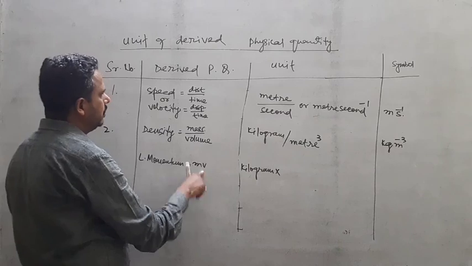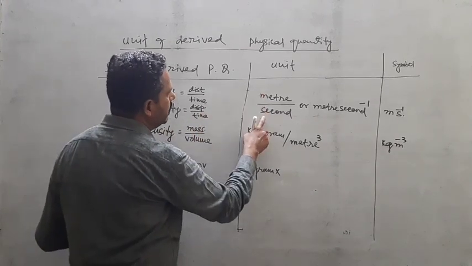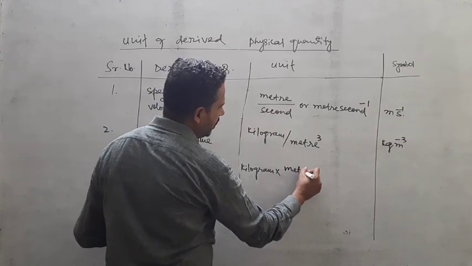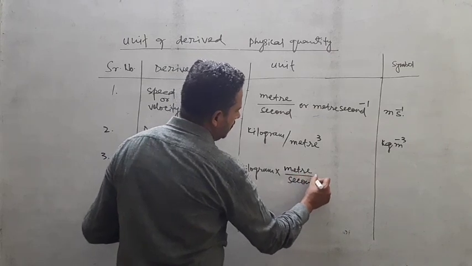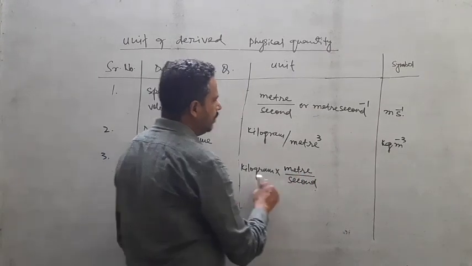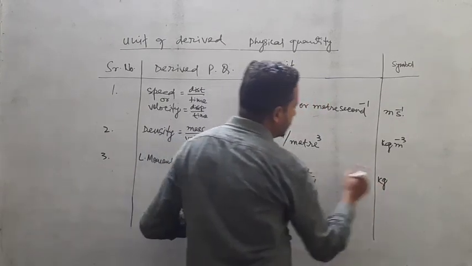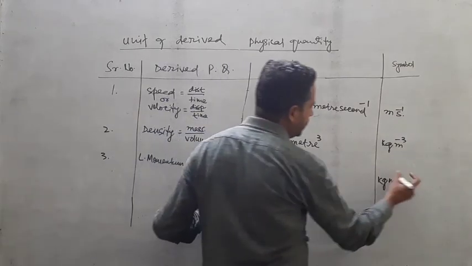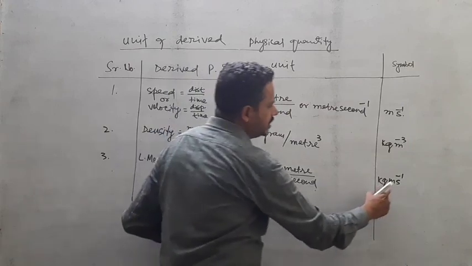You know the unit of velocity is displacement by time, written as meter by second. Now in symbol, kilogram is kg, meter is m, and second is s minus 1. So kg meter per second.